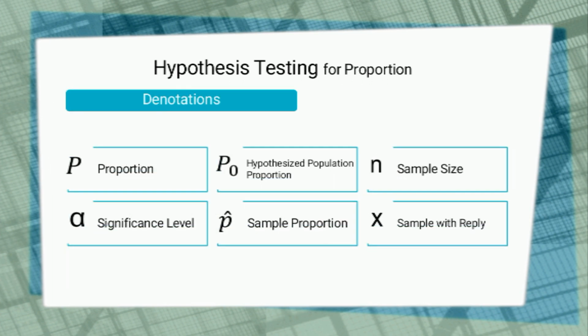So, ito yung mga denotations natin. Tandaan natin, capital letter P for proportion, alpha for significance level, P with subscript 0, hypothesized population proportion, P hat for sample proportion, N for sample size, and X for sample with reply.